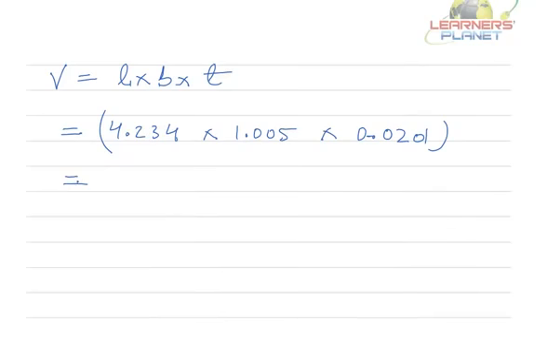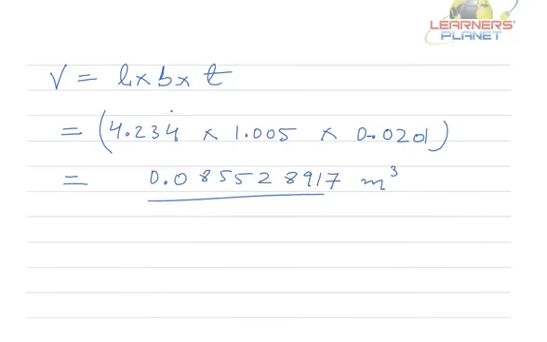So if you do the normal multiplication, you will get 0.0855 28917. This is meter cube.